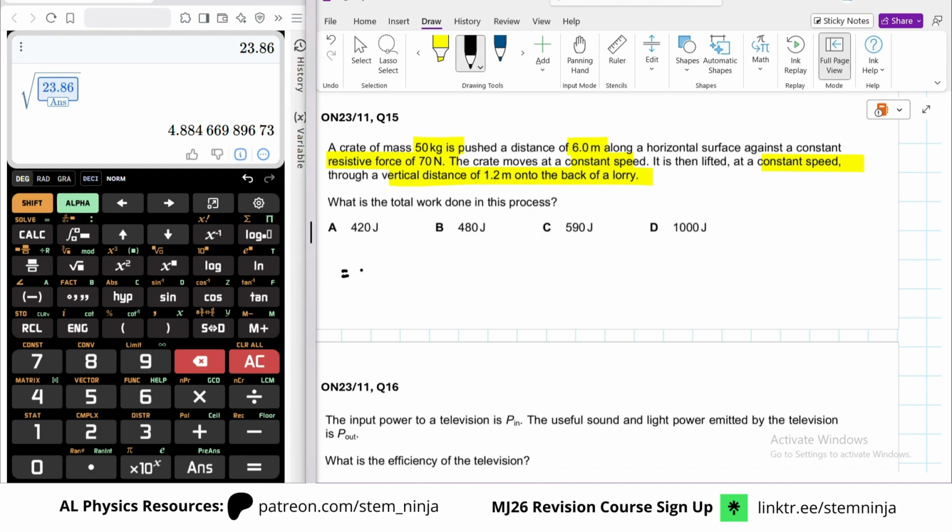So total work done will be work done against frictional force, or resistive force, sorry, plus work done against gravity.